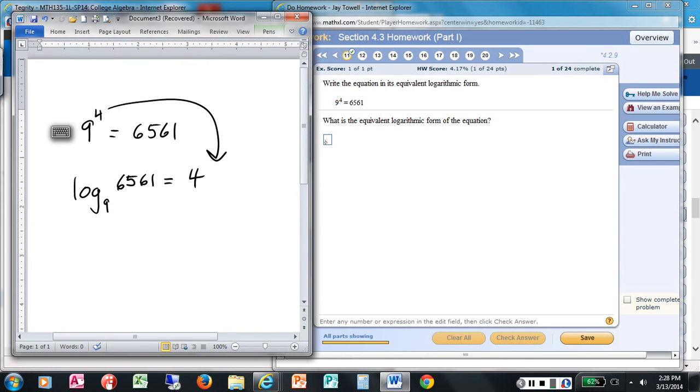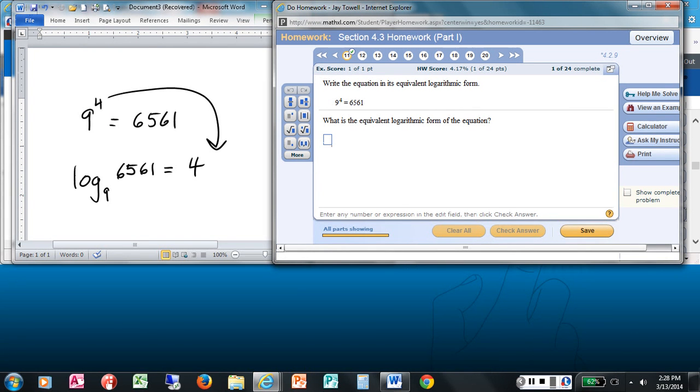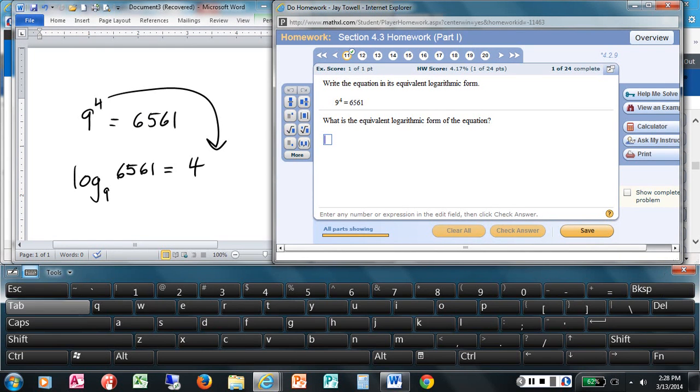Okay, so when I come over here to enter that in, of course I'm going to start by just typing in the log, and the base here, that's a subscript as opposed to a superscript.